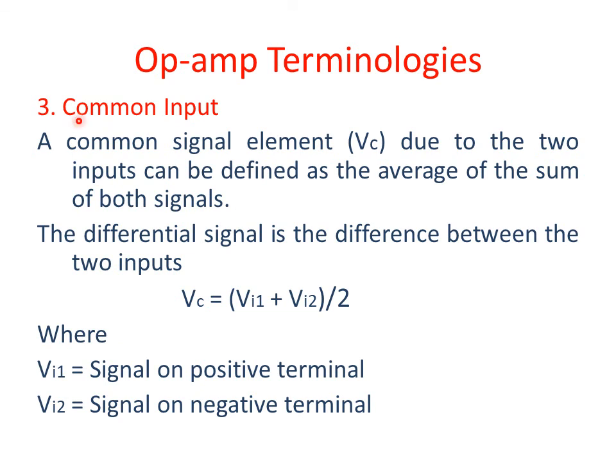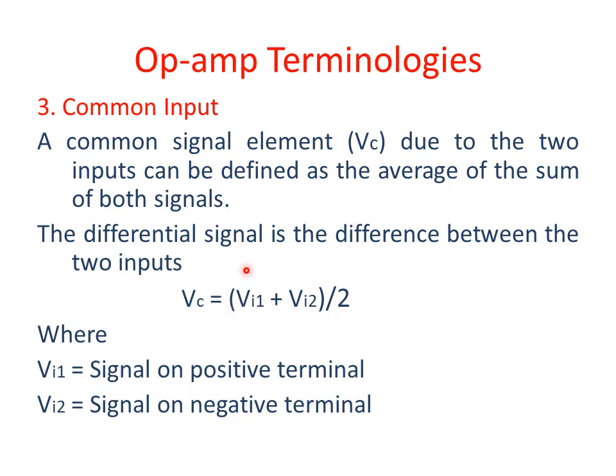We can also define a common input signal for the op-amp। ठीक है, बेसिकली दोनों इनपुट टर्मिनल्स के ऊपर आप जो भी सिग्नल अप्लाई कर रहे हैं उसका एवरेज कर देने से जो भी सिग्नल हासिल हो रहा है वो कॉमन इनपुट कहलाता है। ठीक है, Vi1 पॉजिटिव टर्मिनल का सिग्नल है, Vi2 is the signal of the negative terminal.